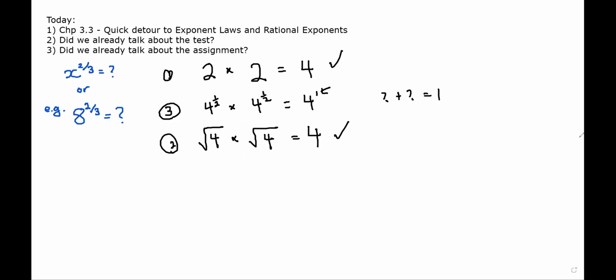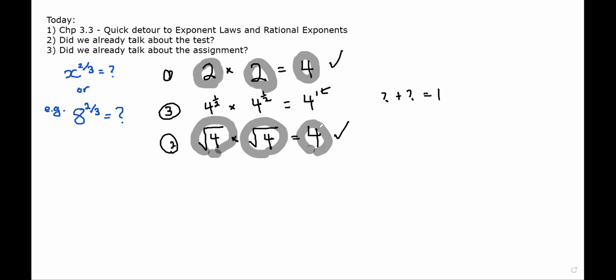Going once, going twice. I personally think there are no other possibilities, which means if 2 times 2 is this, and root 4 times root 4 is equal to this, then we made it clear that 1 and 2 is equal.